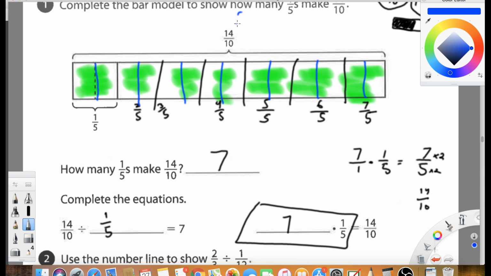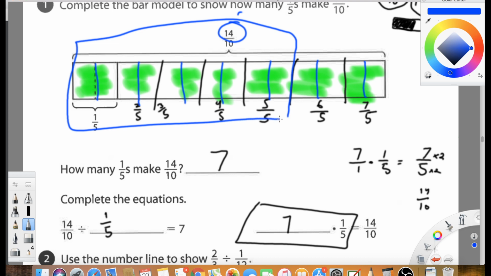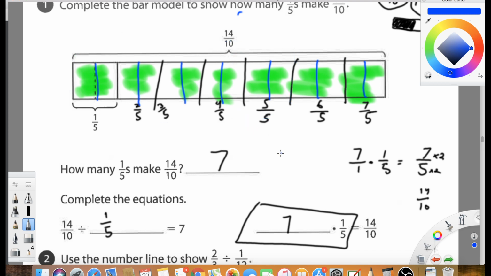I have 14 pieces, and they're tenths, meaning that one whole, which would be right here, has 10 pieces. 1, 2, 3, 4, 5, 6, 7, 8, 9, 10. That's how many pieces each whole is. And that's a little confusing. There's a reason why I don't like teaching it like this, but that's fine.